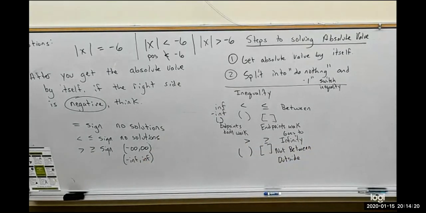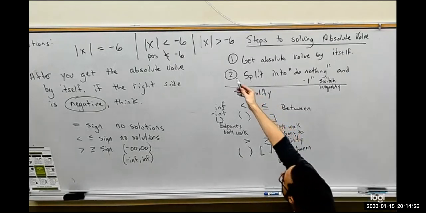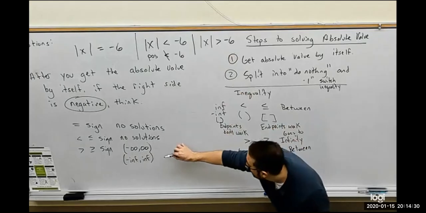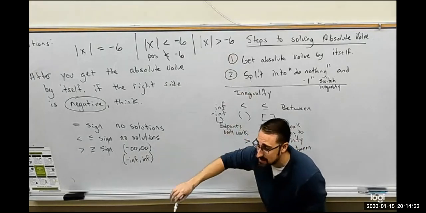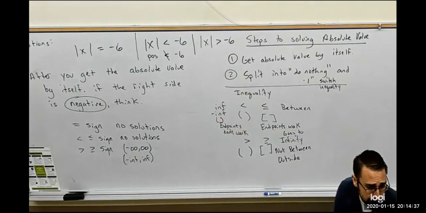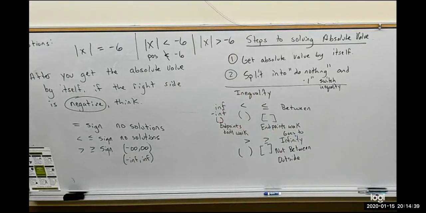All absolute values give you a positive answer. All positive numbers are greater than negative 6. So everything works. The way we say everything is negative infinity to infinity. That's the whole number line. Great question. Others?